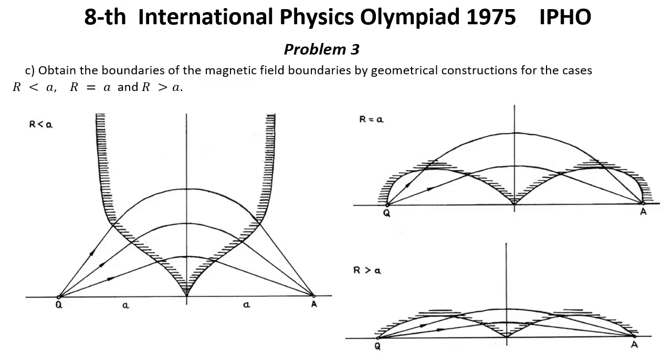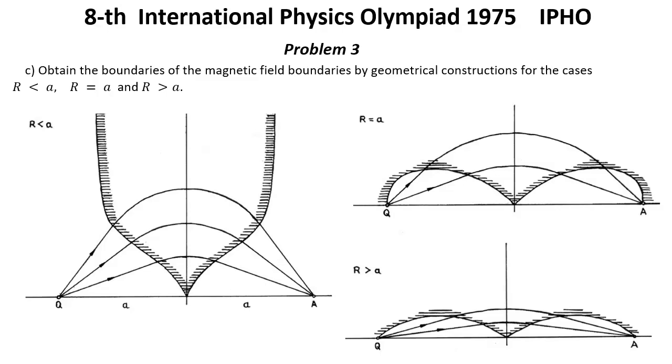The construction method of the boundaries of the magnetic fields is based on the considerations in part B. Circles of radius r and different centers of curvature on the middle perpendicular of QA. Sketch tangents on the circle which pass either through point Q or point A on these straight lines. The points of tangency make up the boundaries of the magnetic field.